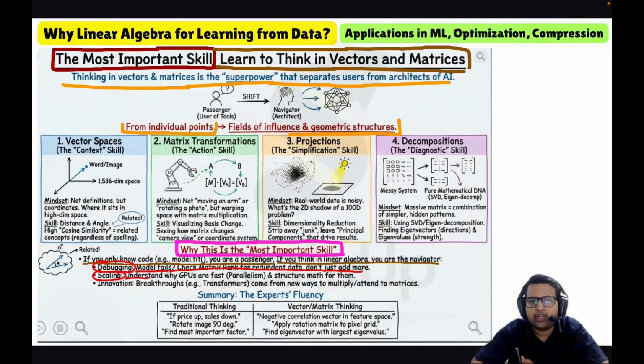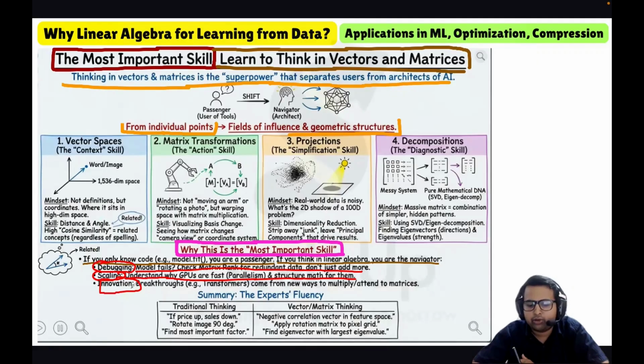Because if you think in terms of vectors and matrices, you have in-depth knowledge of how exactly the model is working. You can debug the model, you can scale it, you can make efficient use of the GPU. You know that you have to convert the problem into a matrix problem because a GPU is made for matrix multiplication.